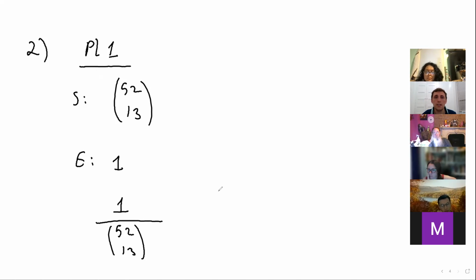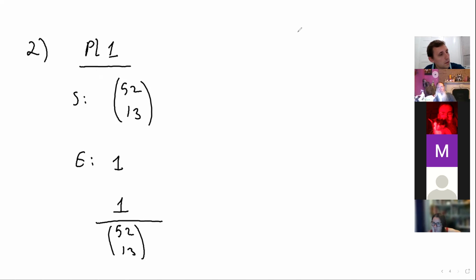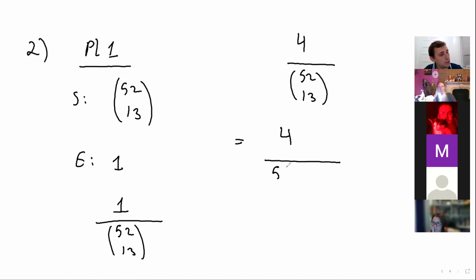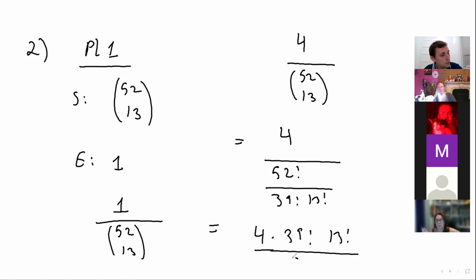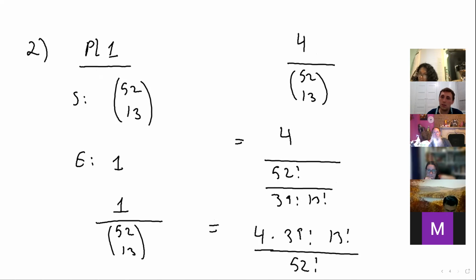So altogether, the answer is 4 divided by 52 choose 13, which is 4 divided by 52 factorial over 39 factorial and 13 factorial. Yes, which results in 4 times 39 factorial times 13 factorial over 52 factorial. And the answer is just the same as we obtained before. You agree?